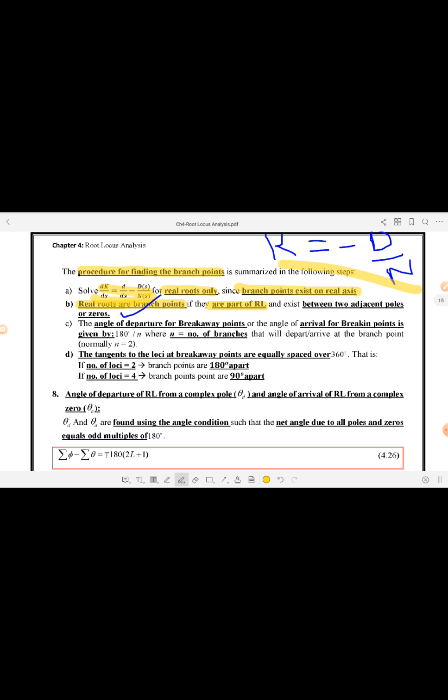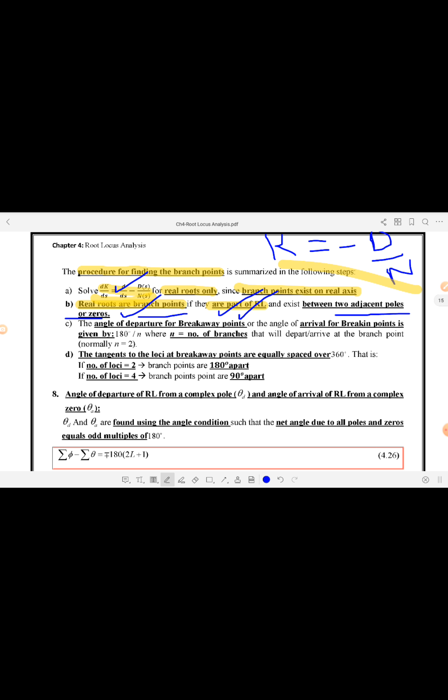So in the first phase we find the real roots, and from the set of real roots, only those that are part of the root locus are branch points. Any other roots are not branch points if they don't exist on the real axis segments of the root locus, and they should exist between adjacent poles or adjacent zeros.